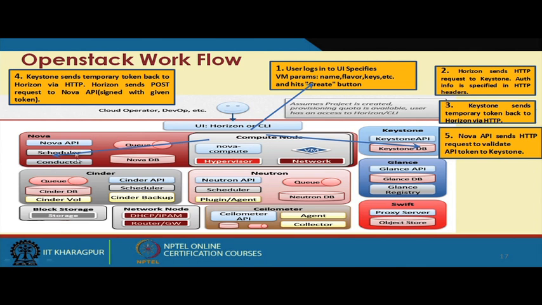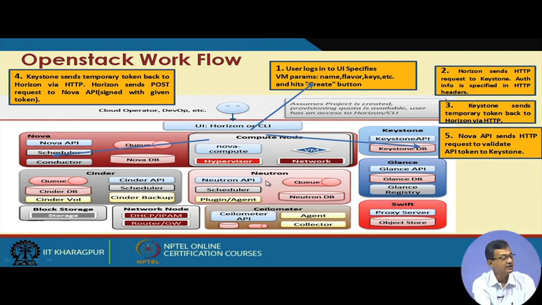Nova for compute, Cinder for block storage. These are the compute nodes in Nova. There are other components within Nova, and Cinder also has its own components. Neutron is the networking part. So, Neutron API, scheduler, plugin, queues, etc. These are all networking related components.